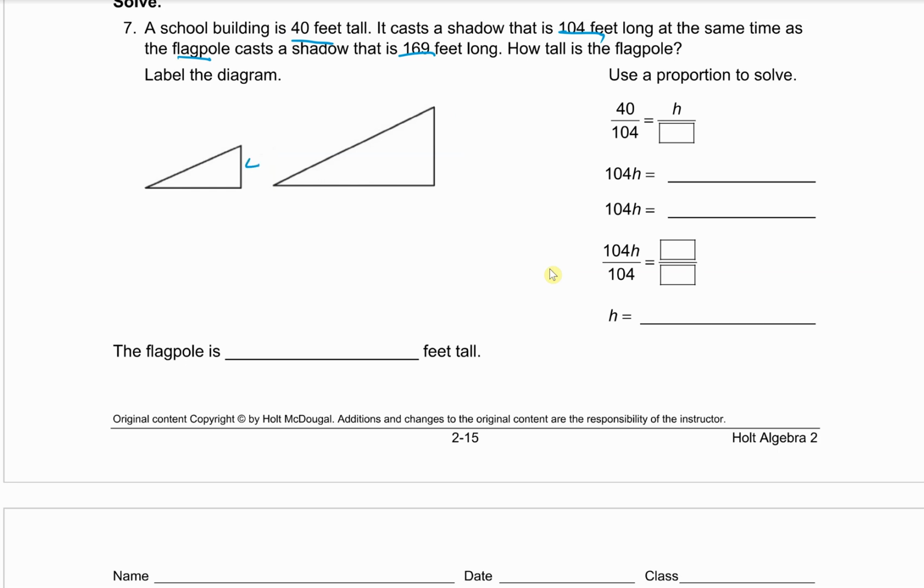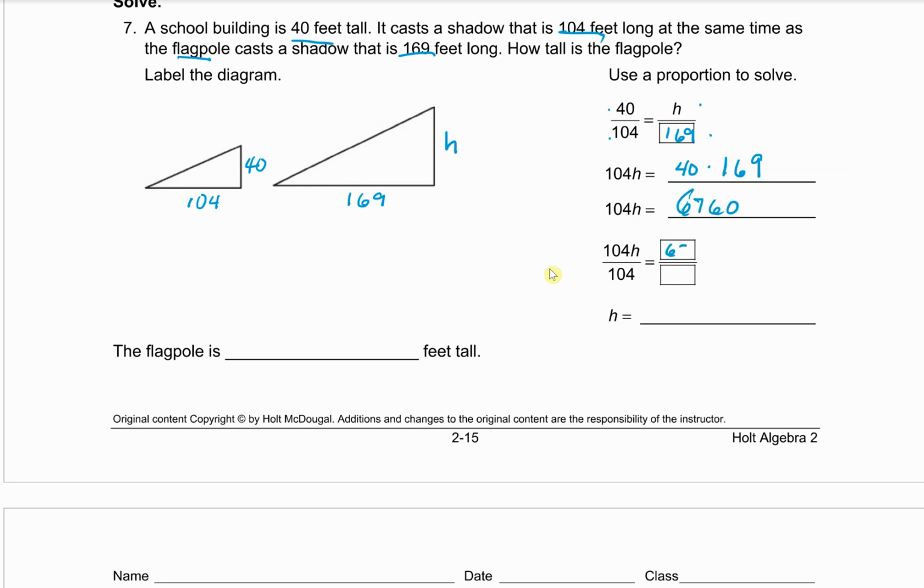The school is 40 feet tall, and its shadow is 104 feet long. I don't know how tall the flagpole is, but I know its shadow is 169 feet long. So here's my proportion. Height to shadow, height to shadow. It's going to be 40 over 104 equals h over 169. So that's 104h equals 40 times 169. 40 times 169 is 6,760.